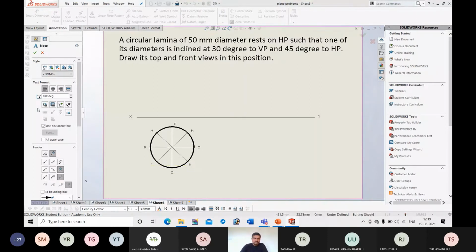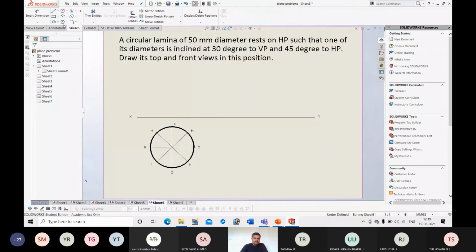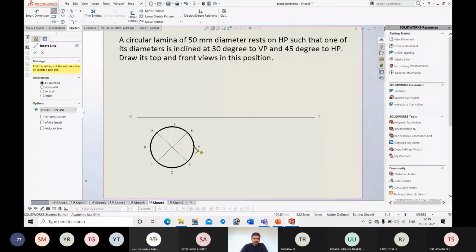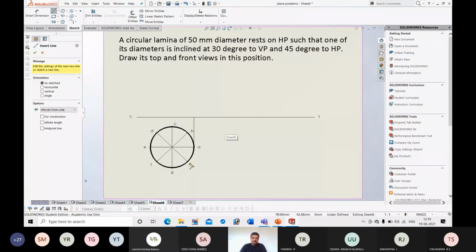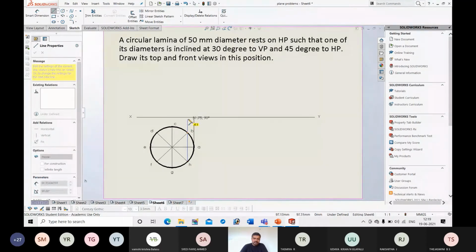Okay, so after this, draw projectors to get the front view. That means vertical lines passing through these points. They are the projectors.